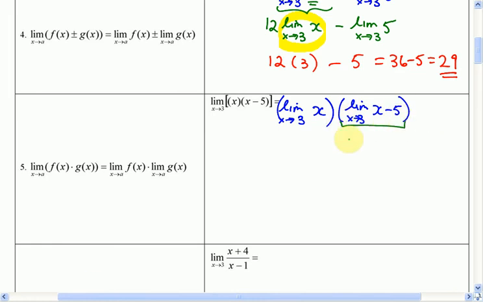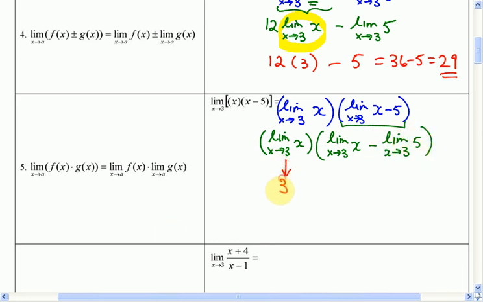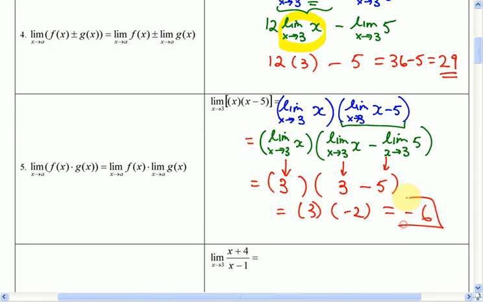Notice that this function needs to be separated. Subtraction, so just like the previous property, property number 4. And then we can evaluate that: the first equals 3, that equals 3, that equals 5. 3 minus 5 is -2. 3 times -2, of course, is -6.